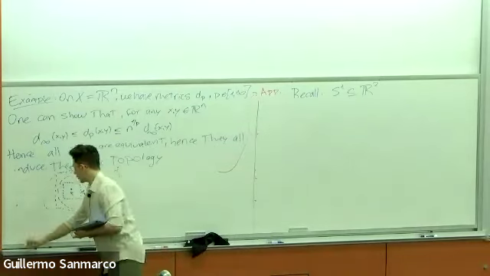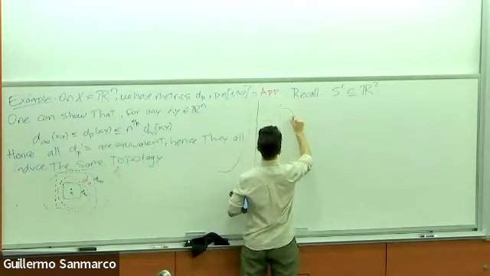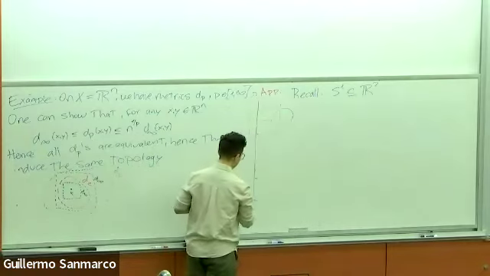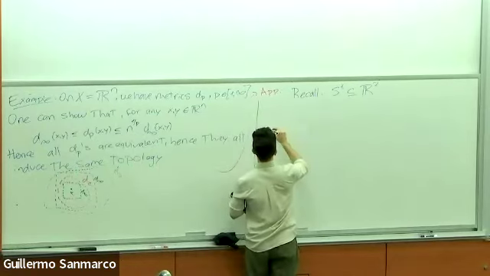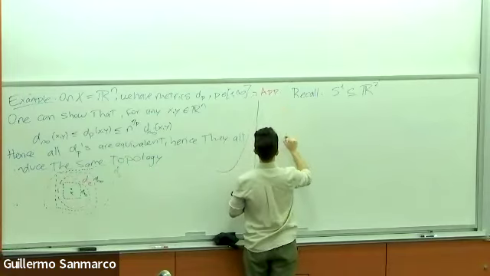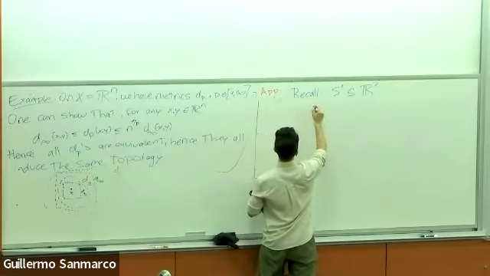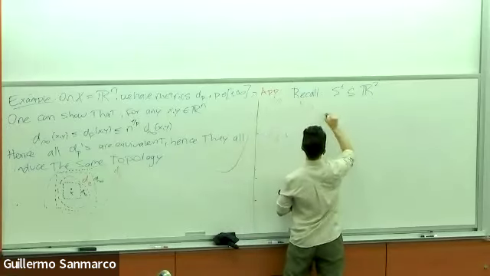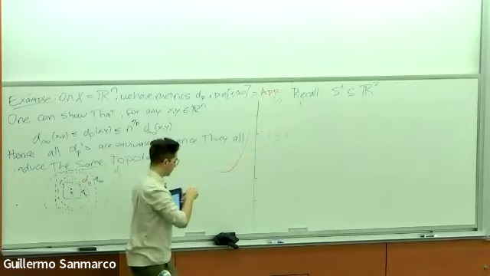And some time ago, we were discussing that function. There was a function from 0, 1 to S1 called F. That was like going around the circle.